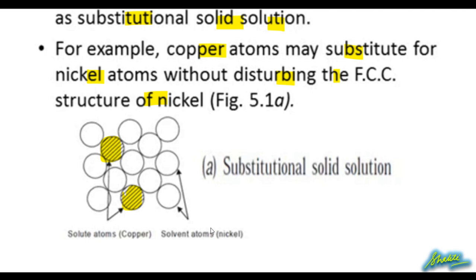Copper is the solute. Copper atoms replace some nickel atoms. These are copper atoms in yellow, and in white are the nickel atoms, and copper atoms replace the nickel atoms.